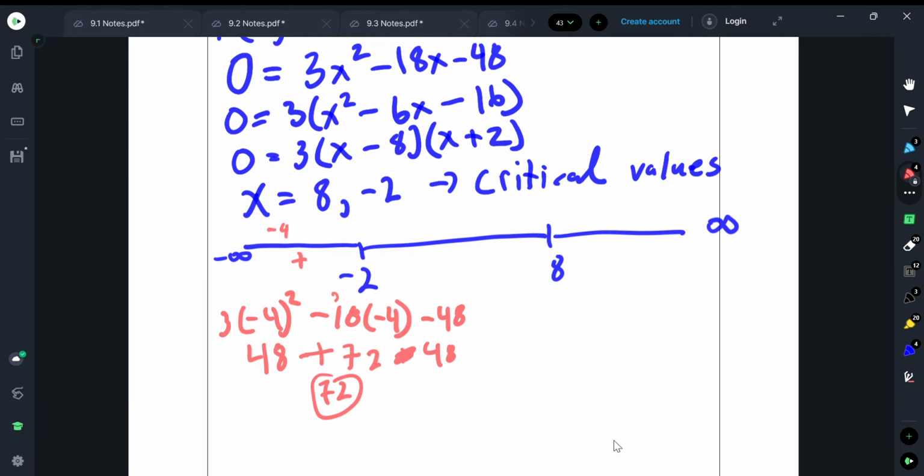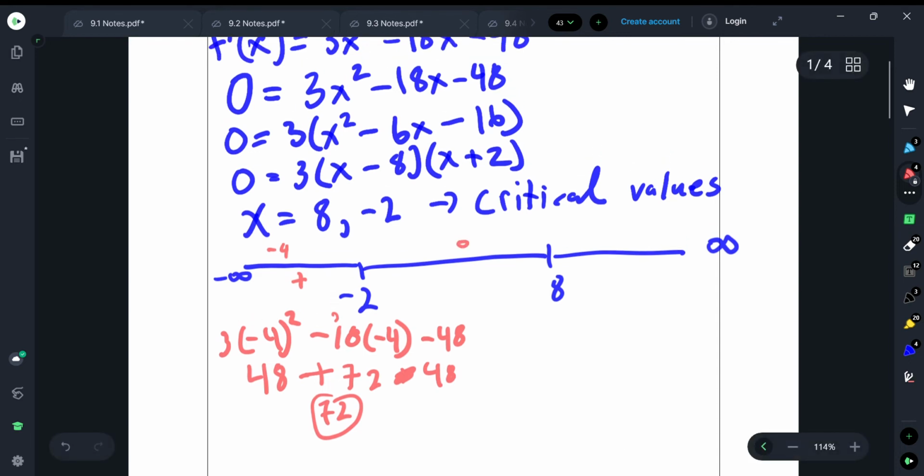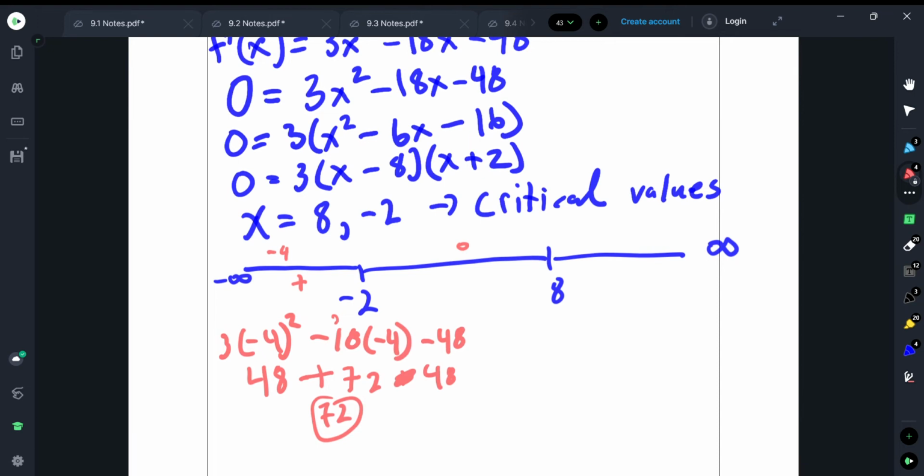Okay, so I'm going to pick a number between negative 2 and 8, an easy one is 0. So when I put in 0 here, I get negative 48. So I see that that's going to be negative right there. Okay, cool. And then what I'm going to do is put in positive 4, since those are the same numbers.